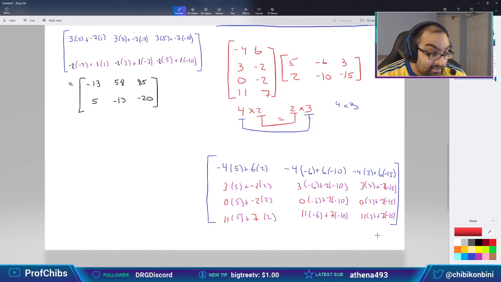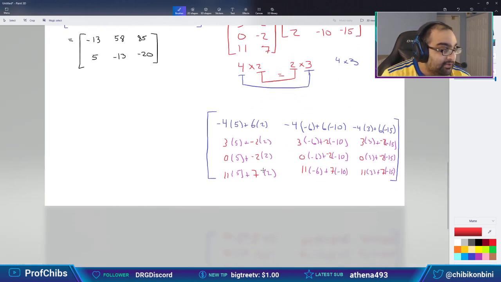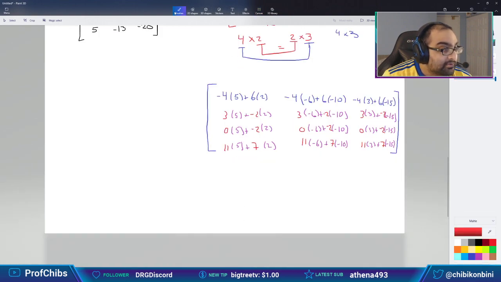Now all we gotta do is figure out what this is going to equal, and we're going to get our final answer. That easy. Let's figure that out now. After everything is said and done, I'm going to figure this out in my head.